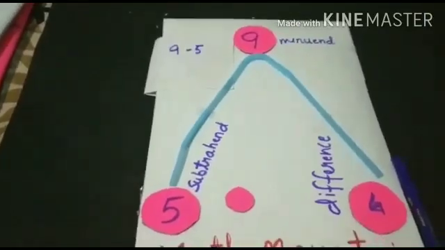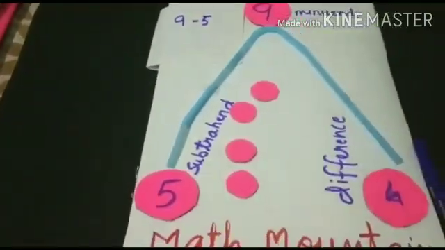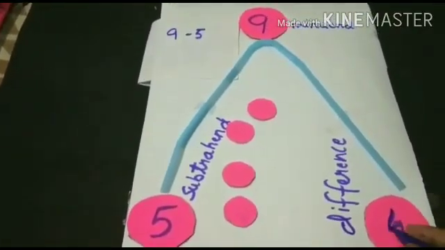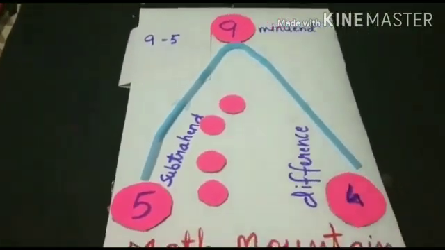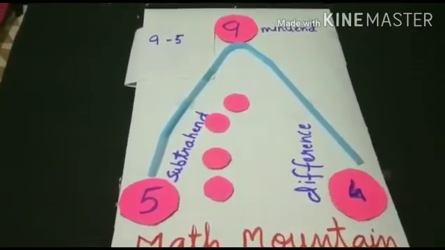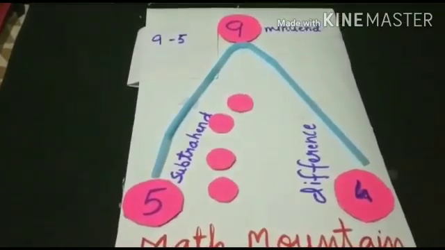So 4 is our answer, the difference. This way we can calculate sums easily. Keep it in mind while doing 2 or 3 digit sums.